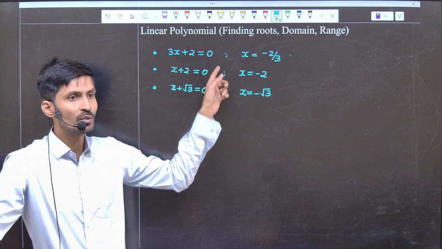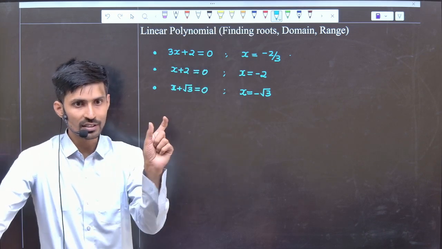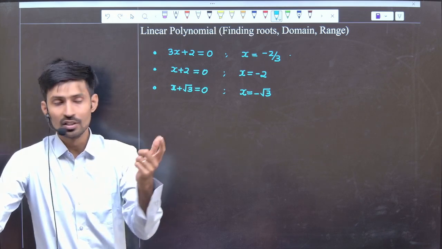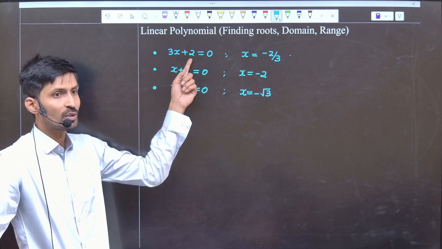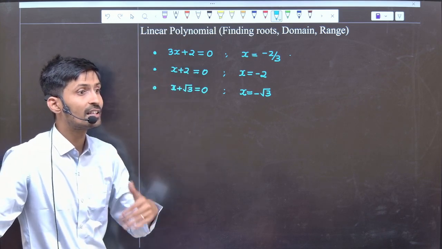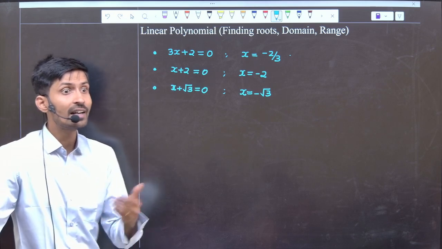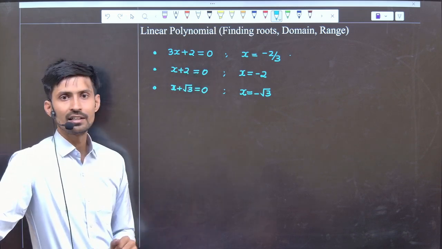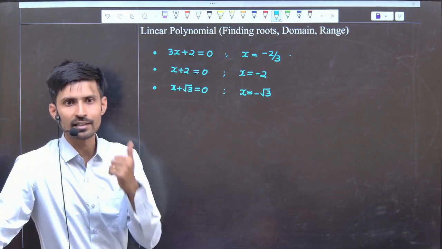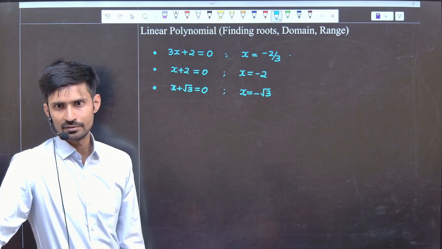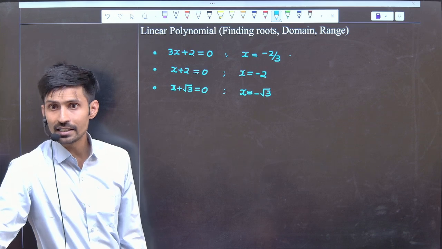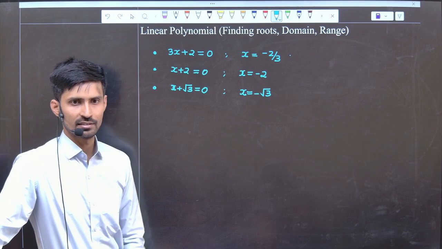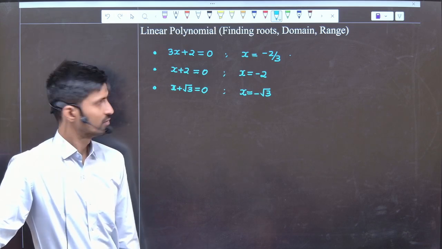In an equation, some are variables, some are constants. Here 3 is a constant, 2 is a constant, x is a variable. So when I write solve, it means find the variable. What is the variable here? x. So the question is find x. Someone can say solve for x. It means simply find x.